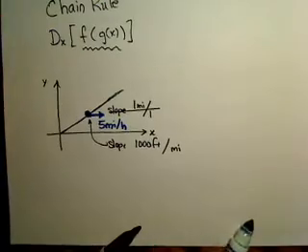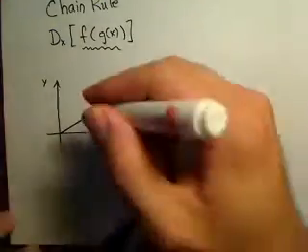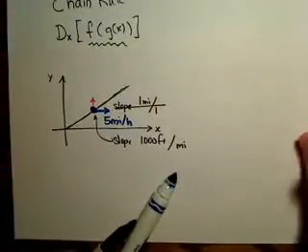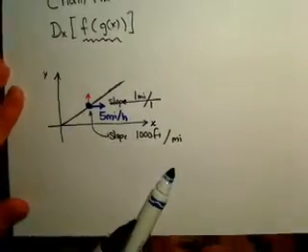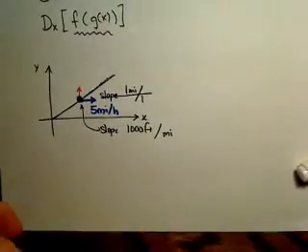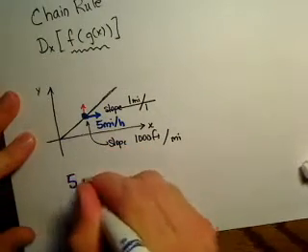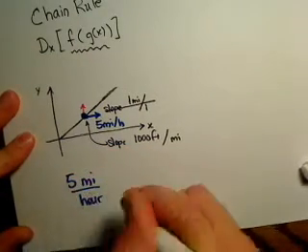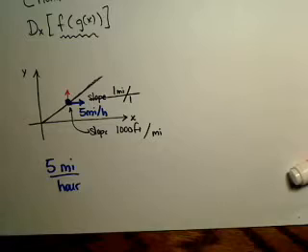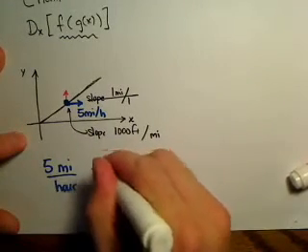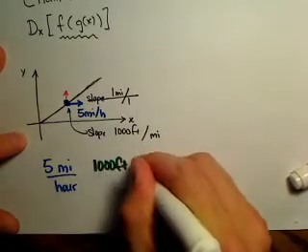So the question is, how quickly is he moving up? Is the hill pushing him up as he moves to the right? Well, if he's going 5 miles per hour, and the hill goes up by 1,000 feet up.